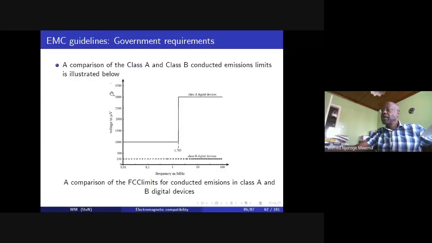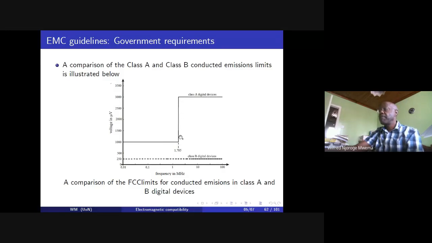A comparison of the Class A and Class B conducted emission limits is illustrated below. That is, we have the interference voltage in microvolts, and the frequency in megahertz. For Class A, we are allowed about a millivolt up to about 1.705 megahertz.